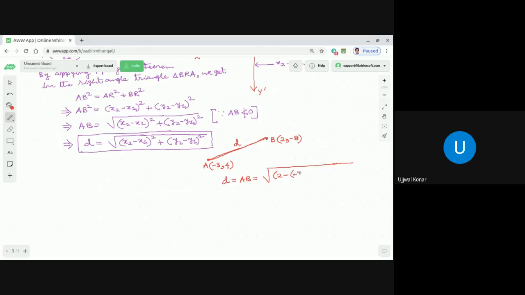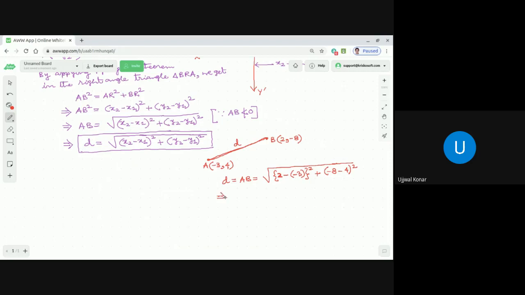So you notice that 2 minus of -3, that is whole square, plus the y coordinate of the point B, that is -8, minus the y coordinate of the point A, that is 4, -8 minus 4 whole square.